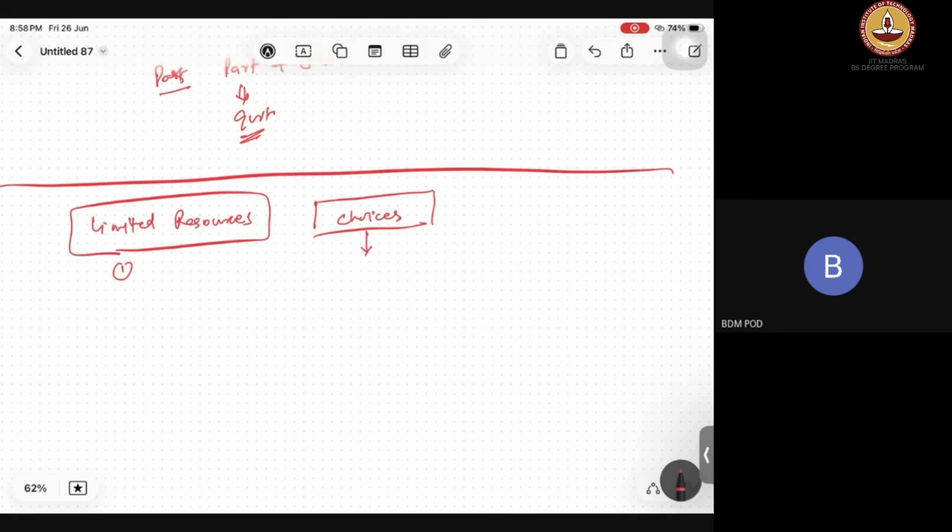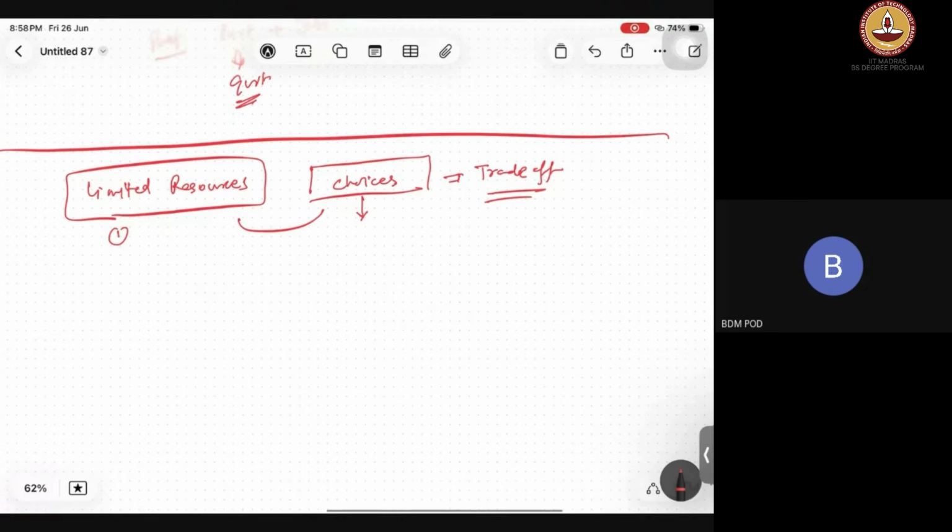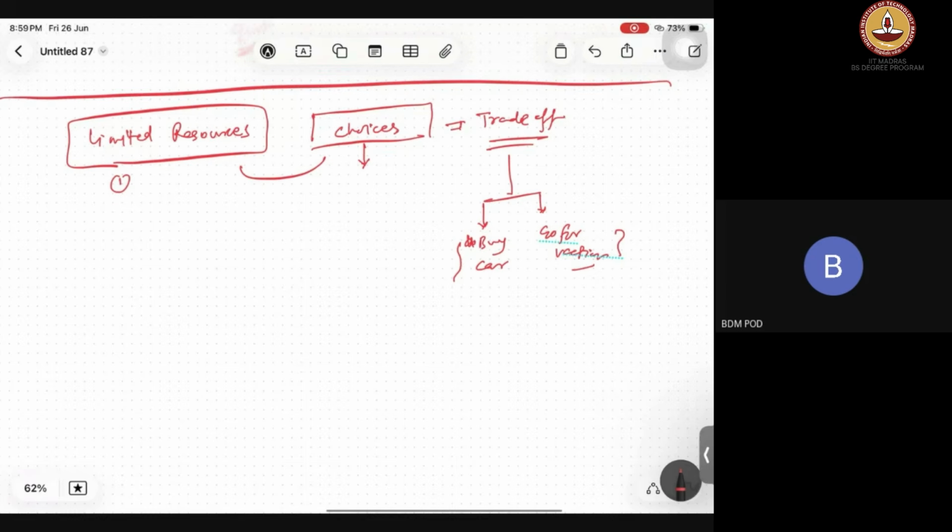Based on these two, you need to make a trade-off. Suppose you have two options: buy a car, or go for a vacation. You need to make a trade-off based on your choices and limited resources.